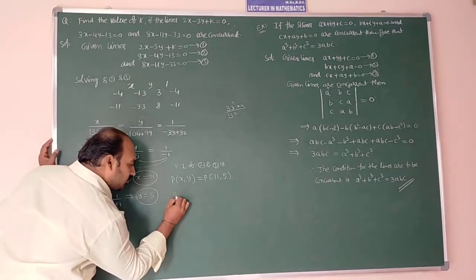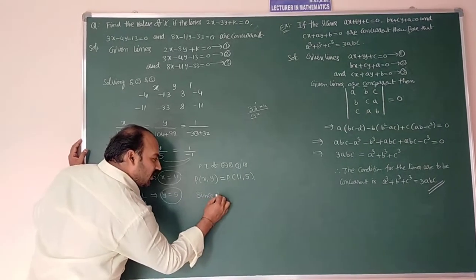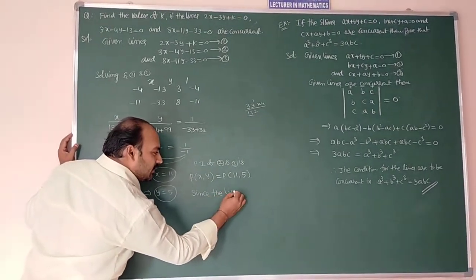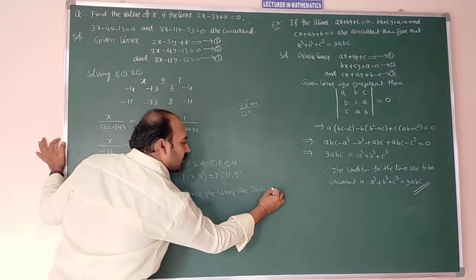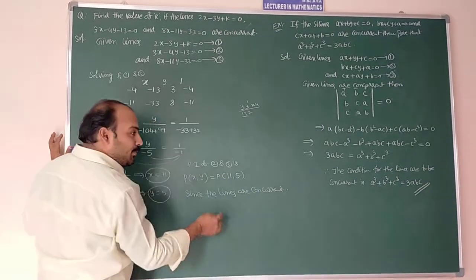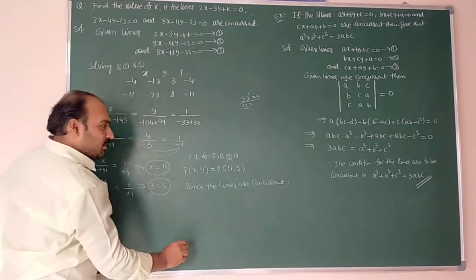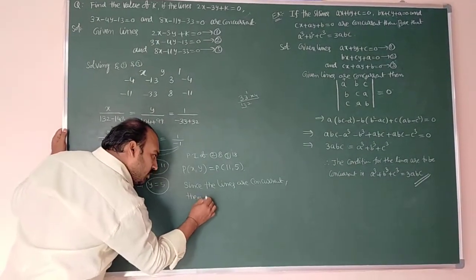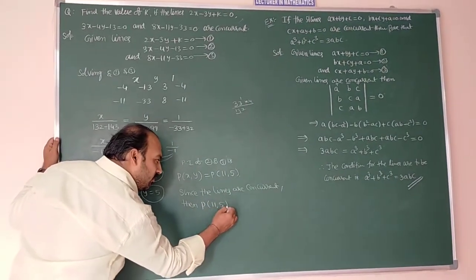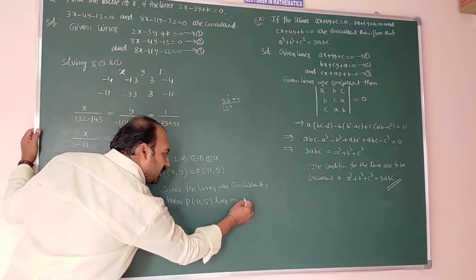Since the lines are concurrent, P lies on the first equation. Then P of 11 comma 5 lies on equation 1.